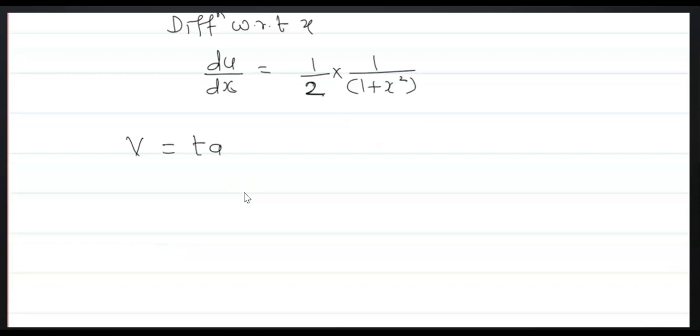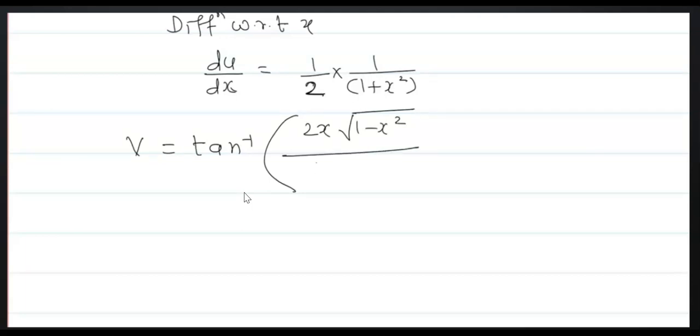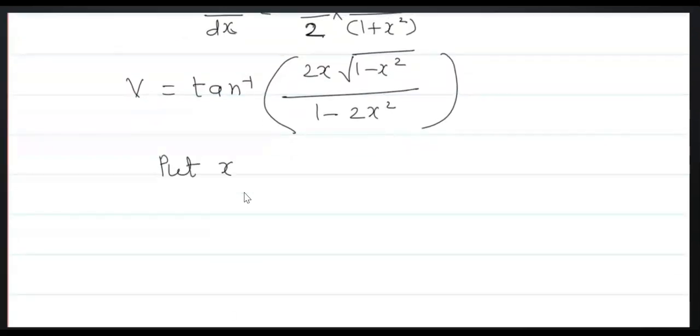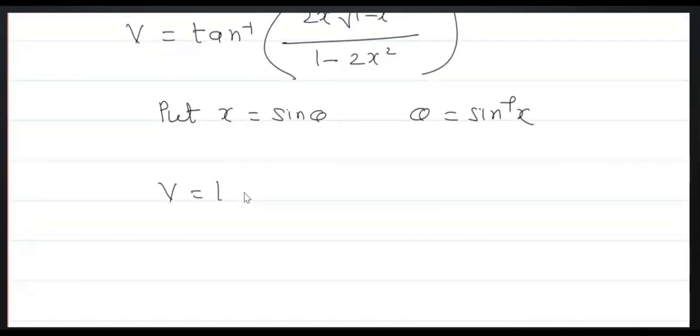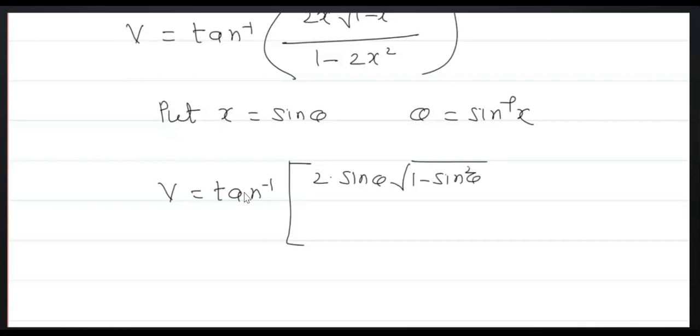Now v is equal to tan inverse of 2x root of 1 minus x square upon 1 minus 2x square. Let x is equal to sin theta, and theta is equal to sin inverse of x. Therefore, v is equal to tan inverse of 2 sin theta root of 1 minus sin square theta upon 1 minus 2 sin square theta.